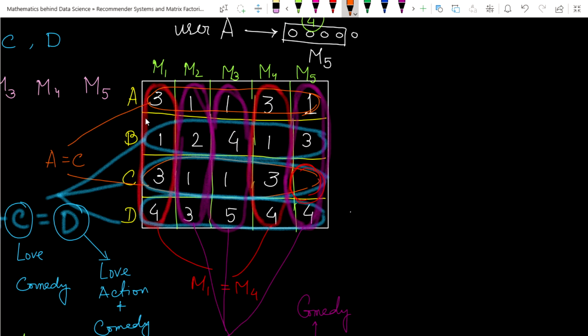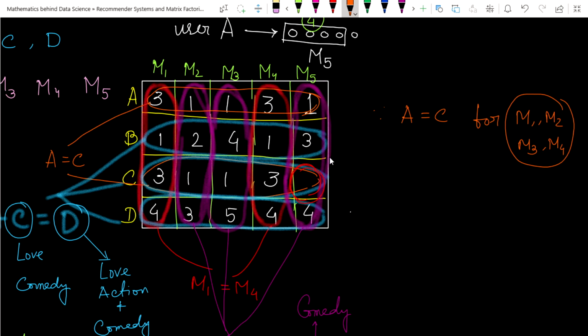Now let's see, since A and C's choices are equal for the rest of the movies, M1, M2, M3 and M4, for these four movies their choices are equal.